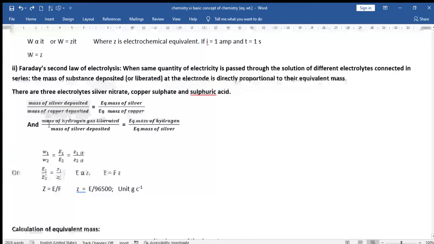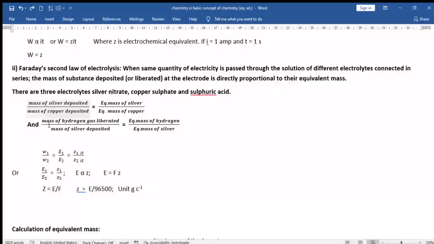When the same quantity of electricity is passed through the solution of different electrolytes connected in series, the mass of the substance deposited at the electrode is directly proportional to their equivalent mass. This can be studied by taking three electrolytic solutions: silver nitrate, copper sulfate and sulfuric acid.